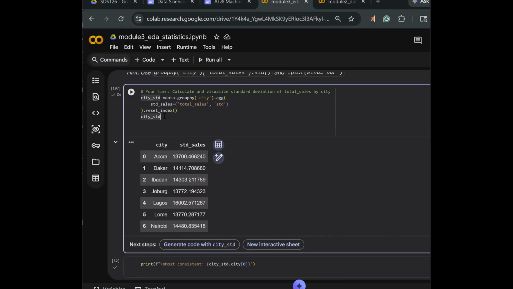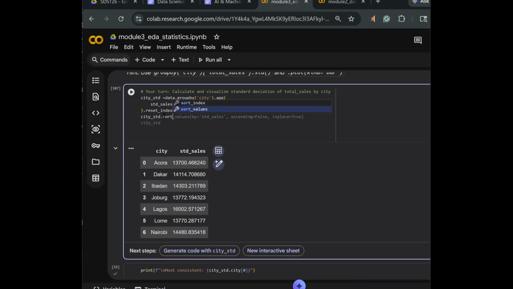We need to sort our standard sales, right? Sort values, by what? We want to use by standard sales. In which order do we want to go?